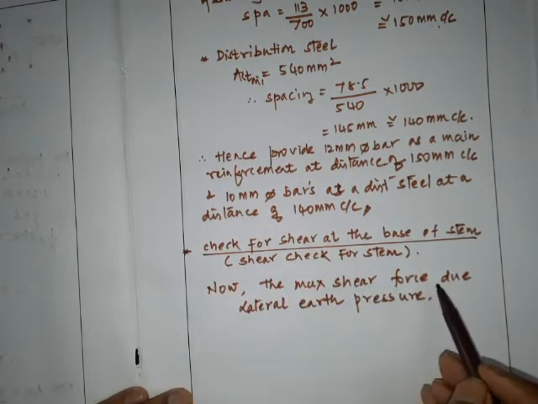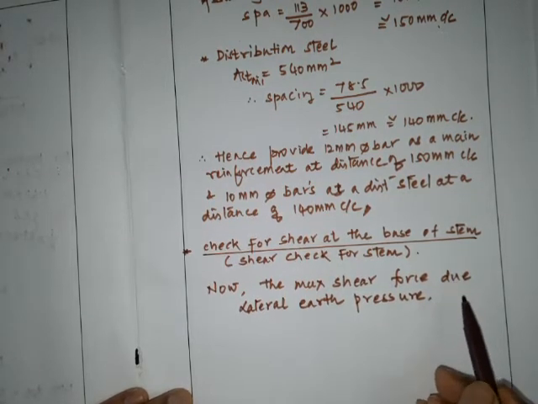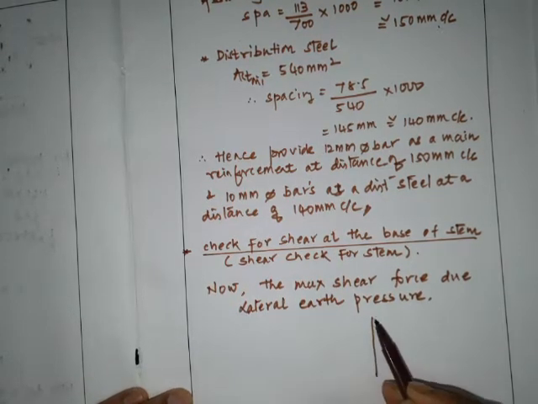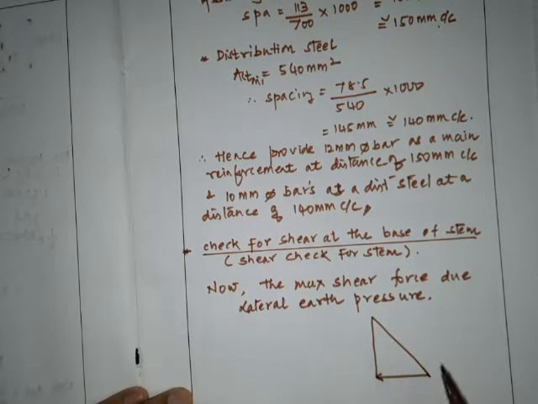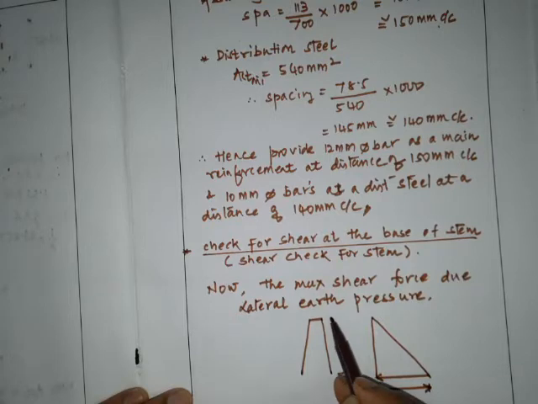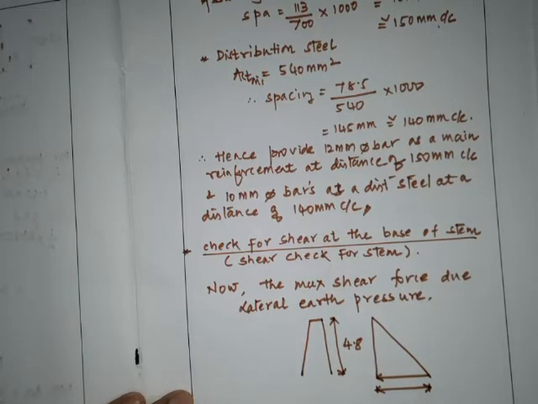As I told you, if you have the pressure distribution diagram acting on the stem, here we get the maximum force, if this is a stem, for a height of 4.8. So this will be the pressure distribution diagram, that is lateral earth pressure.